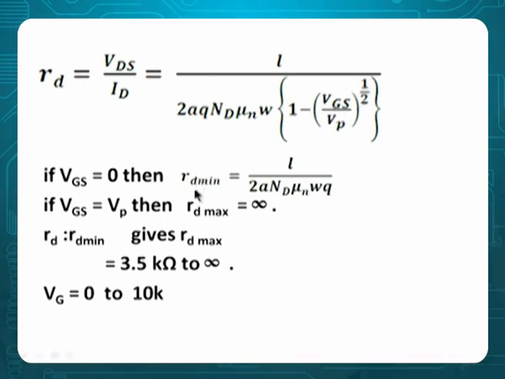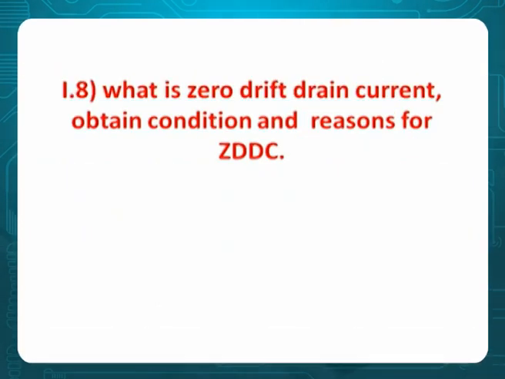Therefore, RD changes from minimum to maximum, and that minimum is generally 3.5K to infinity for a BFW 10 or 11 device, and therefore you can normally take 0 to 10K, because for VGS 0 it is roughly at 10K. So that's the drain resistance.